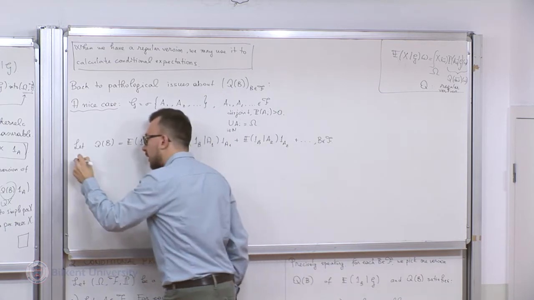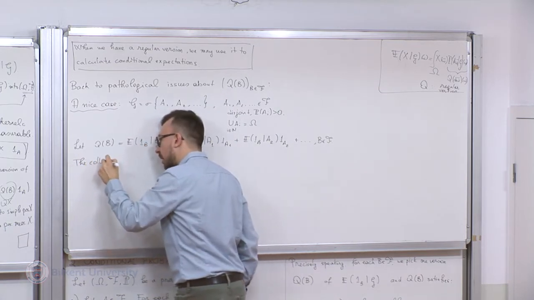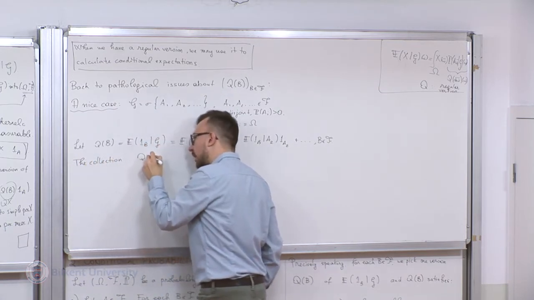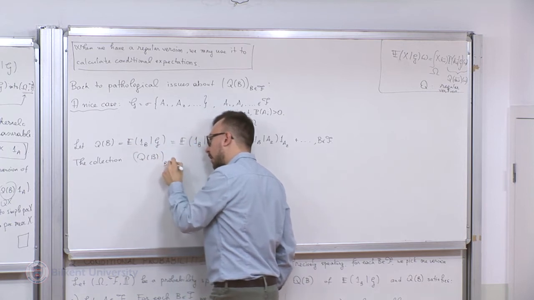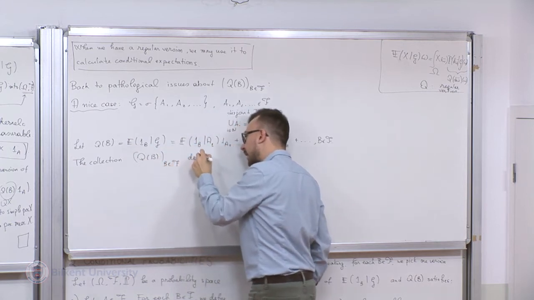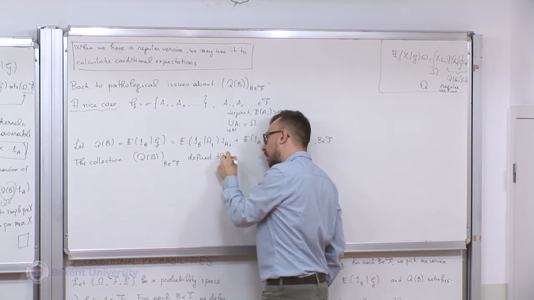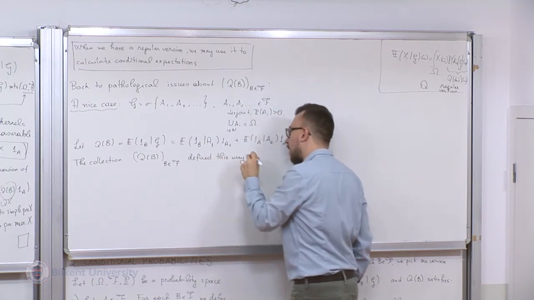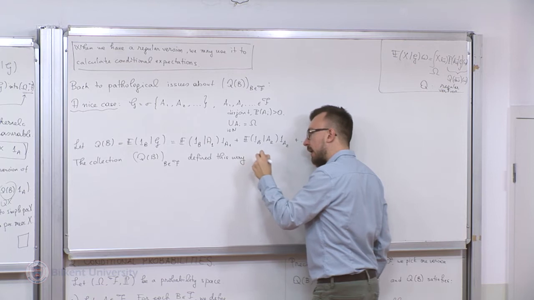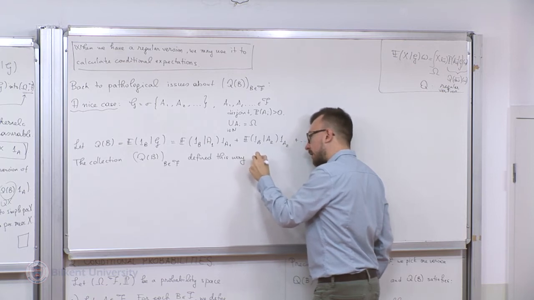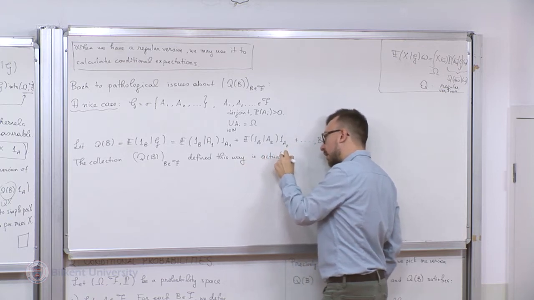So the collection QB defined this way is actually regular.